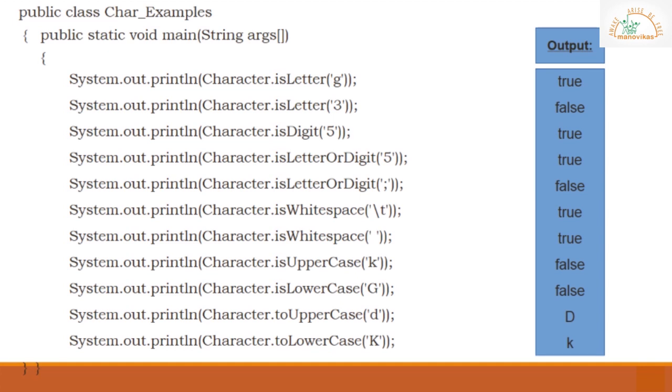The last function is Character.toLowerCase of the letter K. This function will convert this uppercase K to lowercase. What happens if you give a small case like lowercase k here? That will be displayed as it is, because this will convert to lowercase irrespective of what case you have specified as an argument.